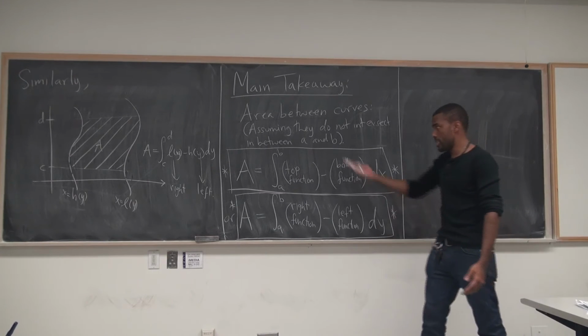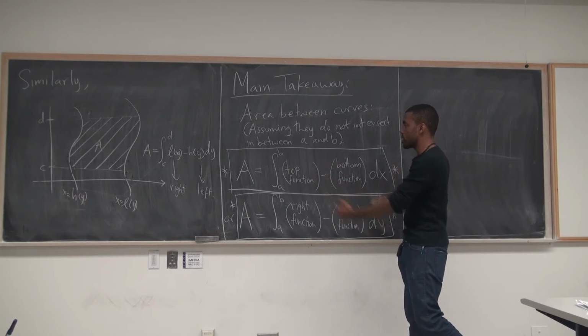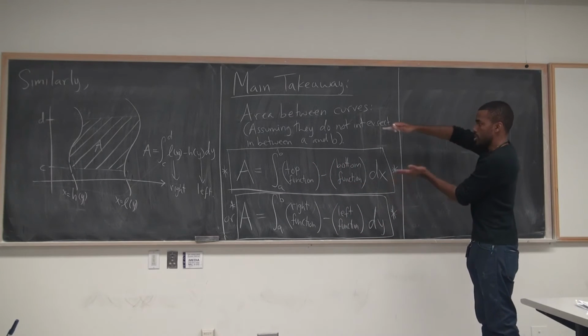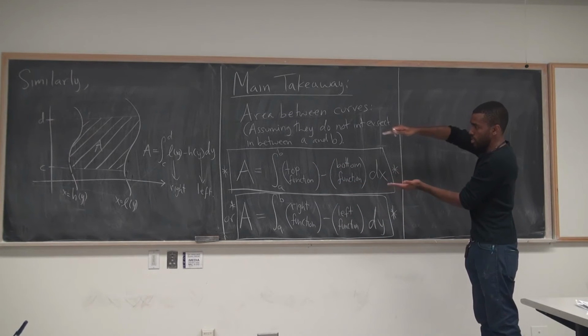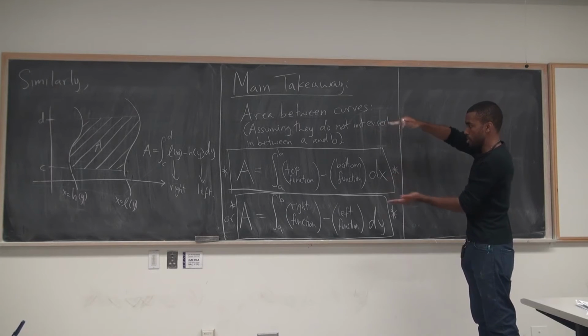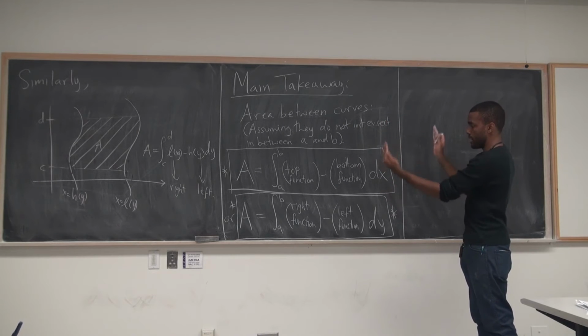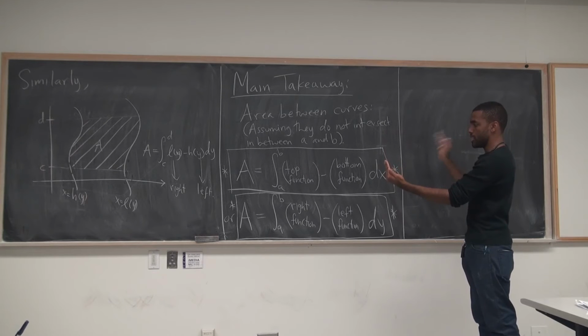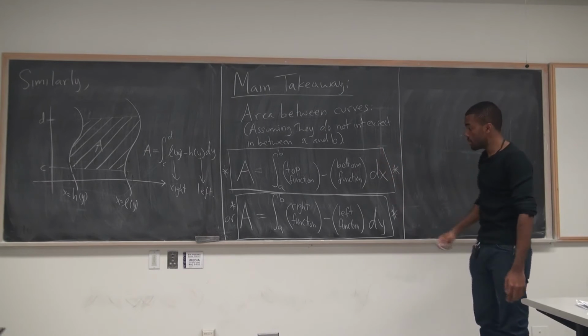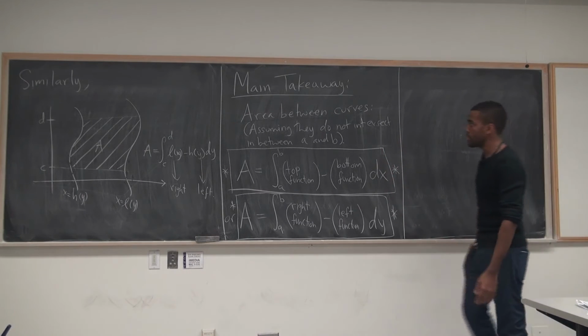The first one is area, right? So if I need the area between two curves, if they're horizontal and I can write them as functions of x, I take the top minus the bottom. If they're vertical and I can look at it as functions of y, I take the right function minus the left function. That's always going to be the case, right?